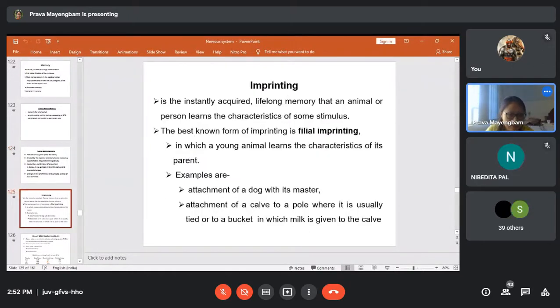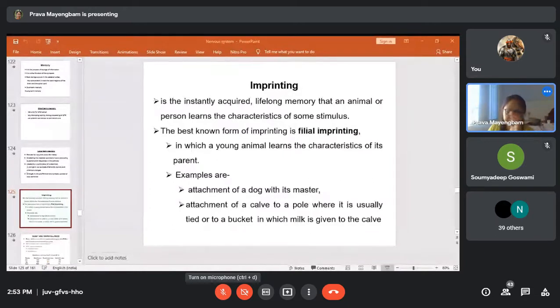Okay, fine. Can I go to imprinting now? Yes, ma'am. Imprinting. So what is imprinting? Many of you might be playing mobile games, and I hear this word quite often. Imprinting is the instantly acquired and lifelong memory by which an animal or person learns the characteristics of some stimulus.